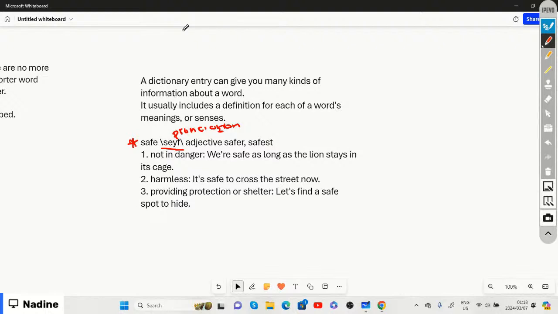All right, so we see that safe is a word in the dictionary, then SEY, if that is the way it is pronounced, the pronunciation, and also this word is an adjective.